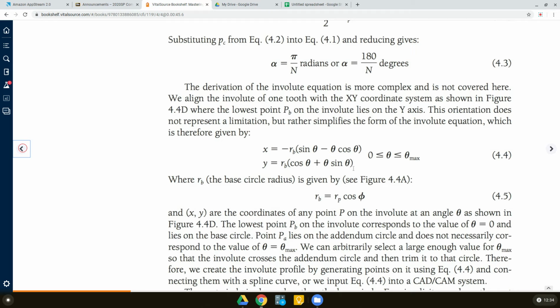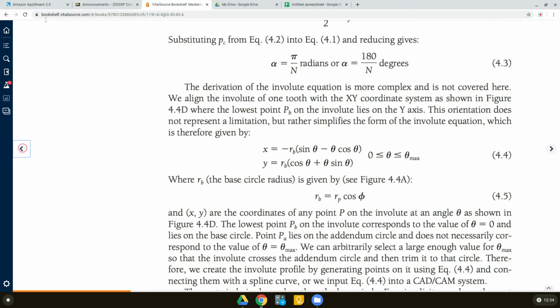The only thing we don't know is angle theta, but we can vary that angle, because at different angles we are going to get different x and y values, right? So we can vary that angle from 0 to some theta max, maybe 5 degrees, right?